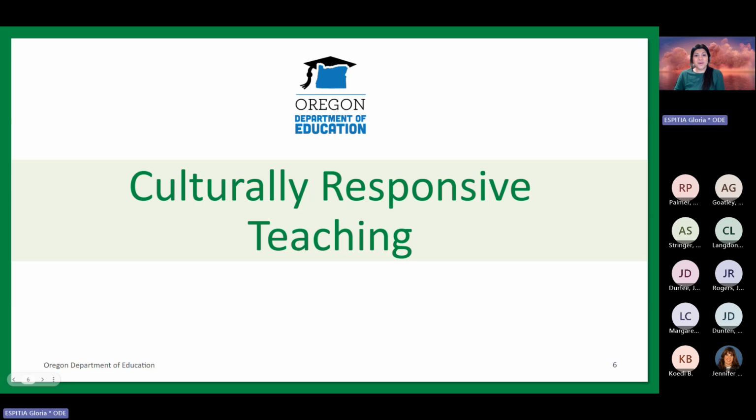All right, so we're going to jump into implementation here. Culturally responsive teaching is an approach that acknowledges and honors diversity in racial, ethnic, linguistic, and cultural backgrounds. Research shows that culturally responsive teaching promotes an inclusive pedagogy that empowers all students at intellectual, social, and emotional levels, while at the same time broadening educators' knowledge and pedagogy around equity perspectives.